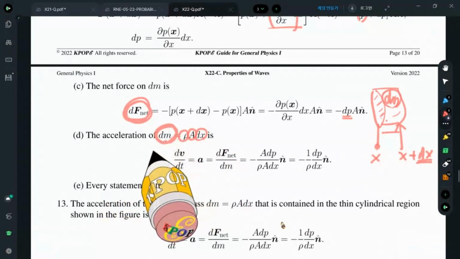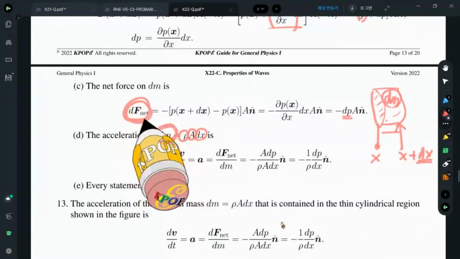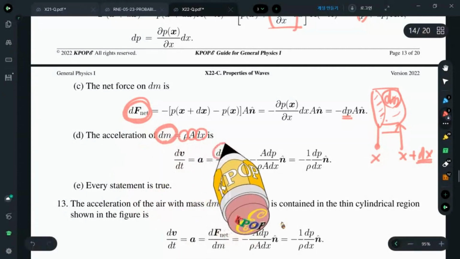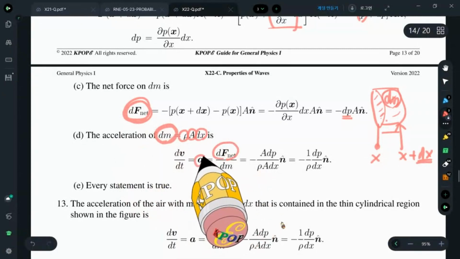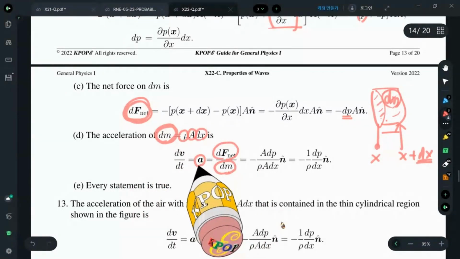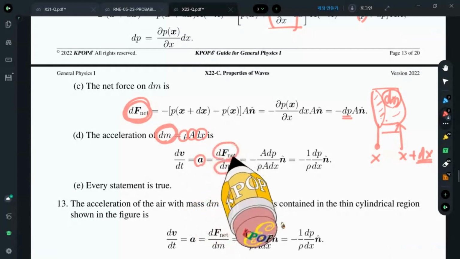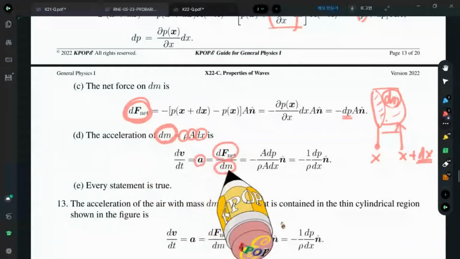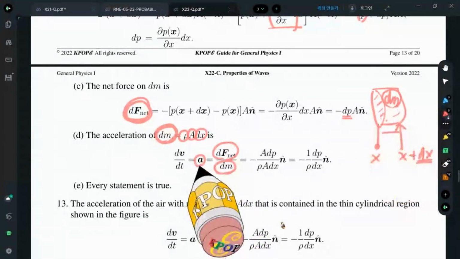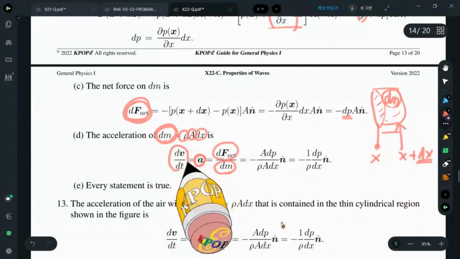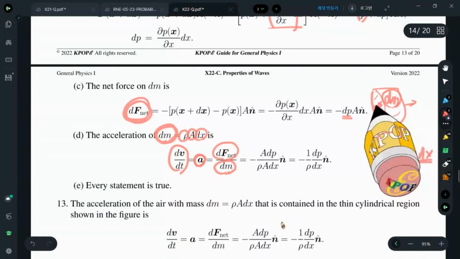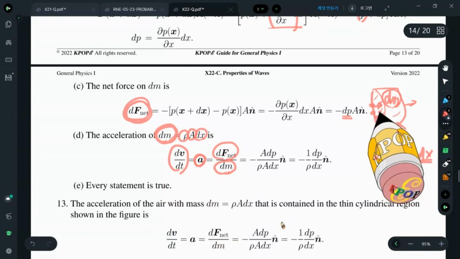So force should be expressed as mass times acceleration. So acceleration is the force divided by the tiny mass of these air molecules. And acceleration is the time derivative of velocity. Velocity here is the air flow.